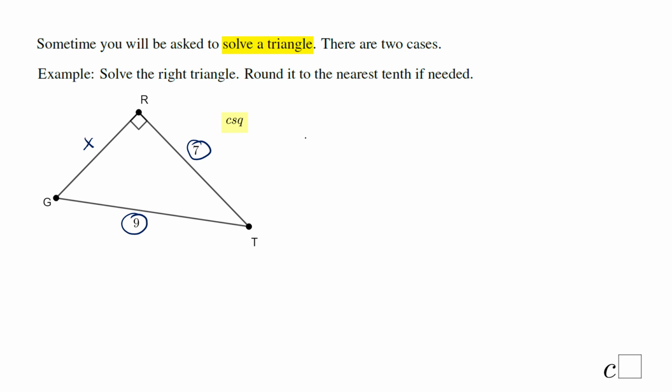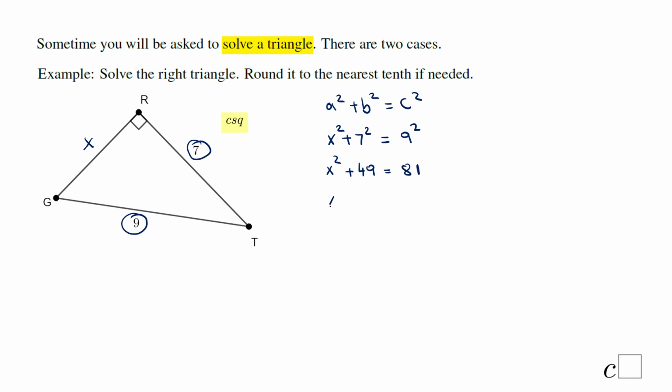We can use the Pythagorean theorem, and we're going to have, if you remember, a squared plus b squared equals c squared. A and b are the legs, so in this case we have x squared plus 7 squared, and you can switch this, that's not a problem. C, be sure, is the hypotenuse, 9 squared. So we have here x squared plus 49 equals 81.